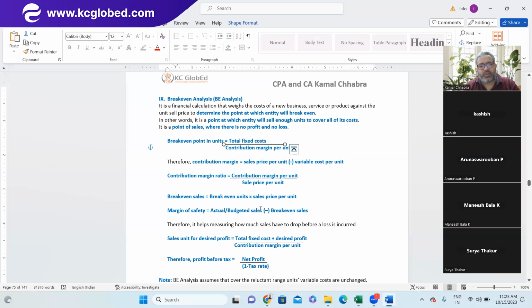Right, and then sales units for desired profit is equal to total fixed cost plus desired profit divided by contribution margin. Or if the profit is given after tax, then you need to make it before tax. How do you make net profit before tax? Net profit after tax divided by 1 minus tax rate.